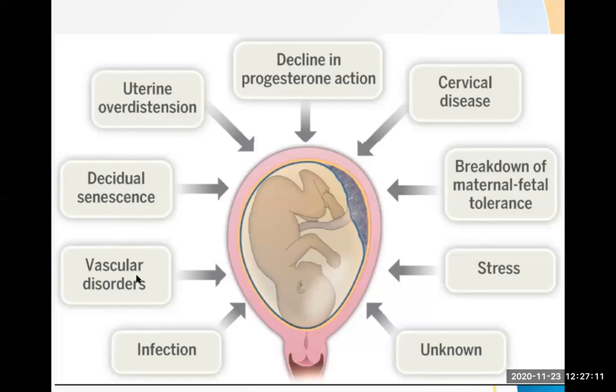Vascular disorder, which causes ischemia; infection, already talked about, like chorioamnionitis or endometritis; cervical disease, like cervical incompetence or some prior damage of the cervix done by surgeries; breakdown of maternal-fetal tolerance, some sort of immunological factor; excessive stressful situation; a bit of overworking in the third trimester rather than taking enough rest; and some unknown causes.